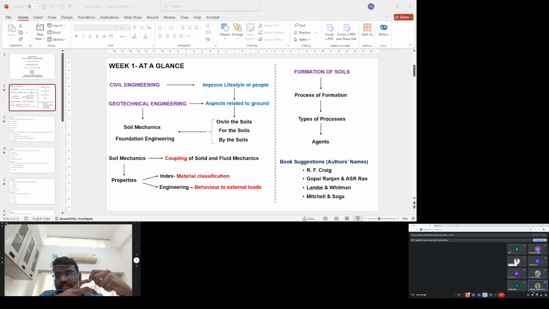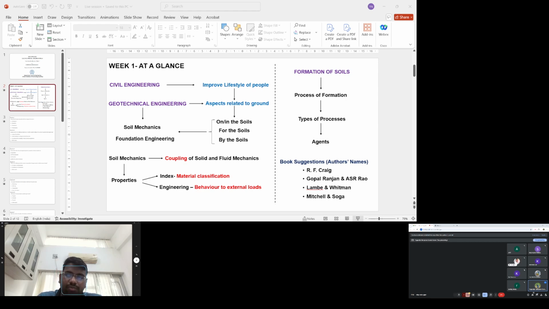What type of shape? And what is the mineralogy? Whether the soil is granular or cohesive, very sticky, plastic, etc. These properties are known as index properties, which define the material itself.